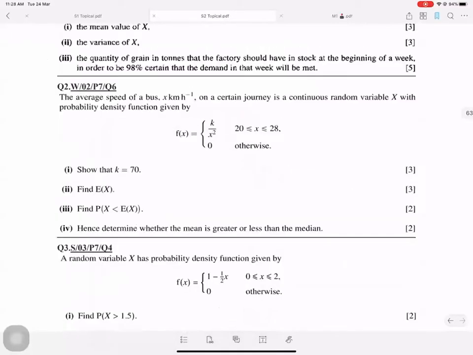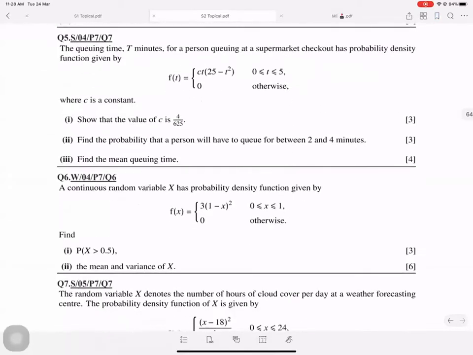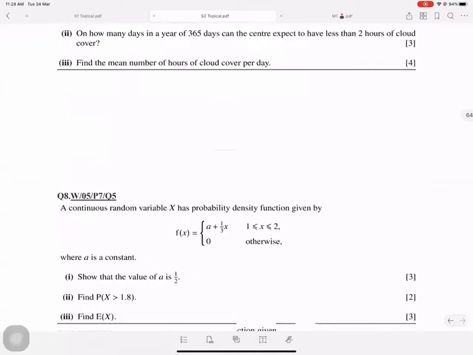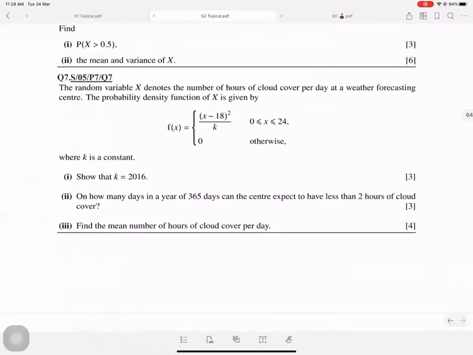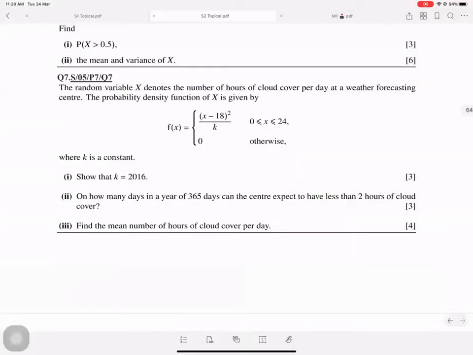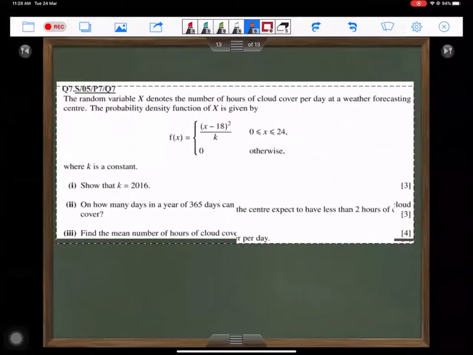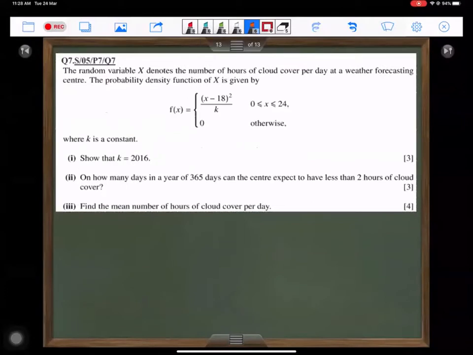For example, question number 7. It says, the random variable x denotes the number of hours of cloud cover per day at a weather forecasting station.